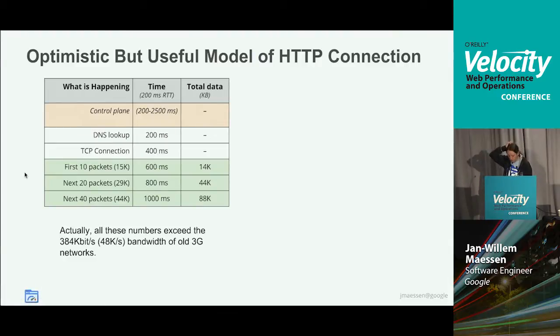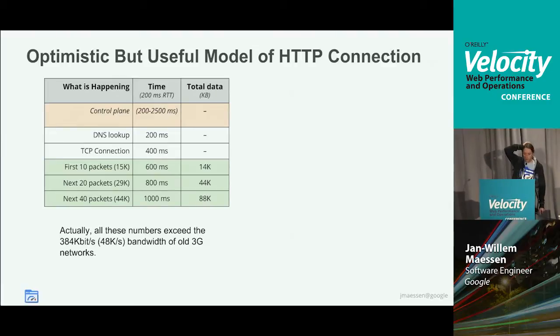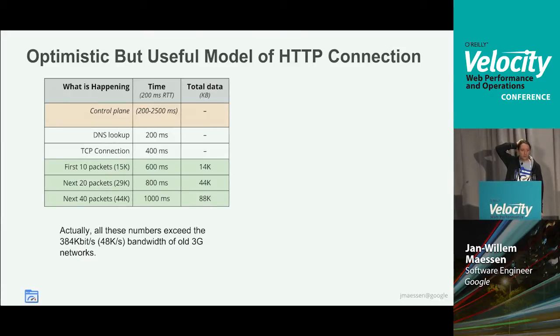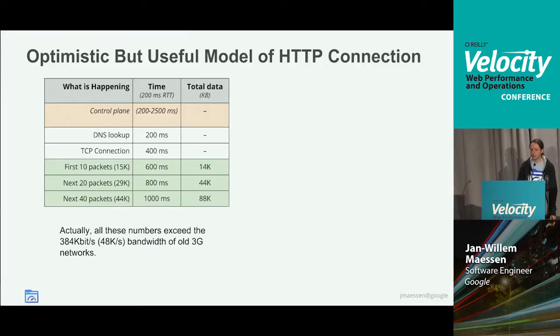So given that things can change so dramatically, what I like to do is think about a reasonably pessimistic model of network performance, and a very simplified one, for my own purposes of understanding whether an optimization on a page is going to be a benefit or is likely to hurt me.